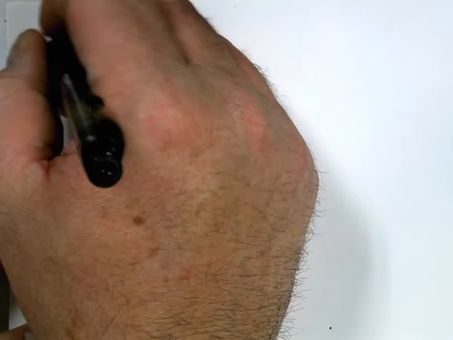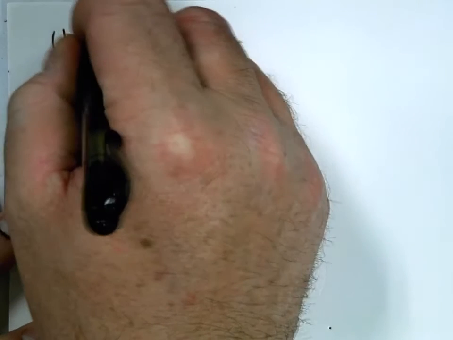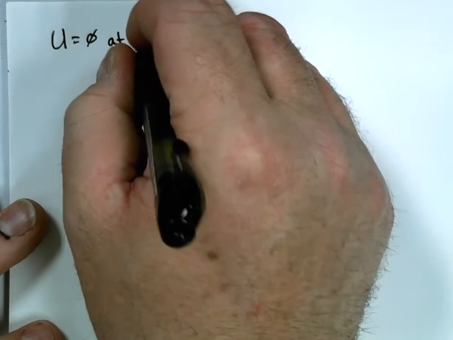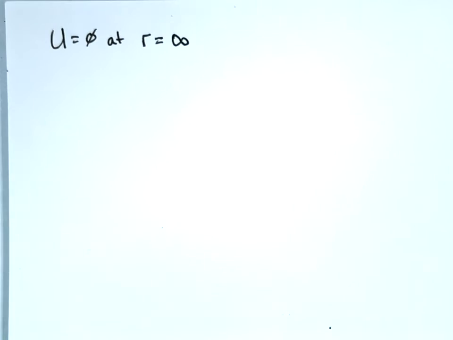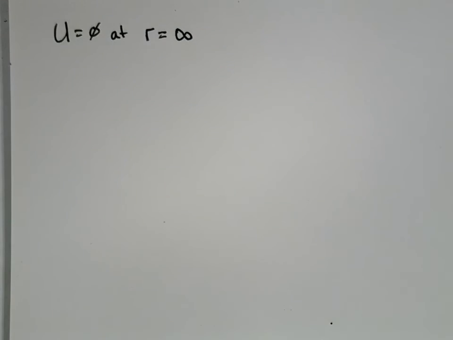Because we cannot divide by 0, we're going to choose a better place to decide where potential energy equals 0. We're going to set U equals 0 at R equals infinity. What? Well, think about that.